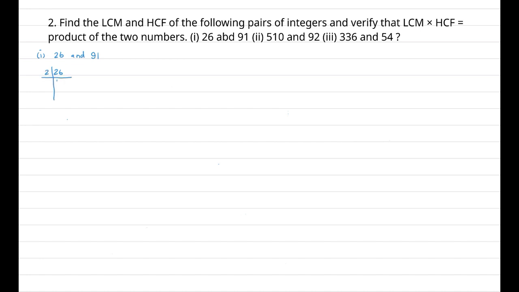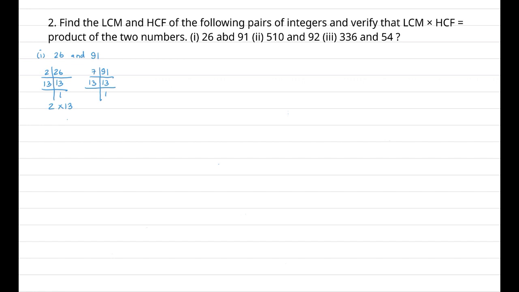26 is divisible by 2, then 13 is divisible by 13, then 1. The factors for 26 are 2 and 13. Let's find the factors for 91. 91 will go in 7 tables, and 13 is a prime number.